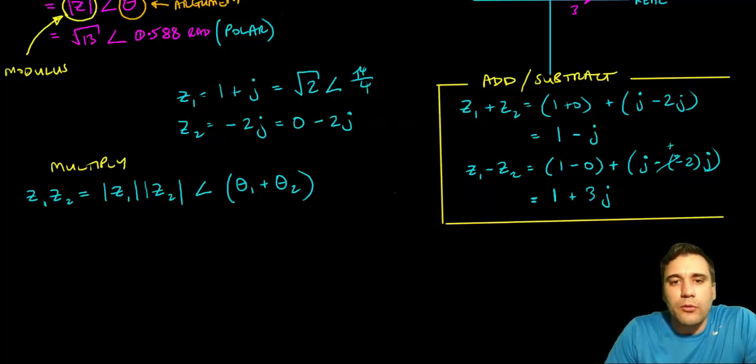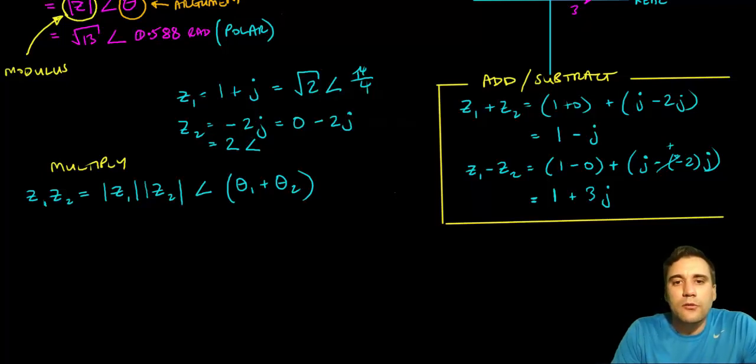So we've got to put that in polar form. So let's do that. We're going to have 0 squared plus 2 squared, because once you square negative 2, it doesn't matter if it's negative, right? So you're going to have root 4, which is 2, and it's going to be at some angle.